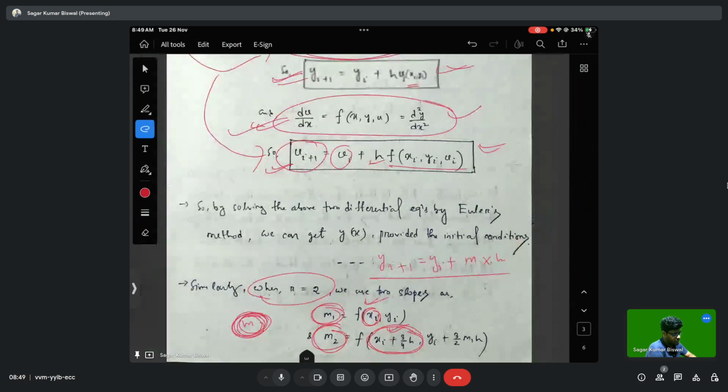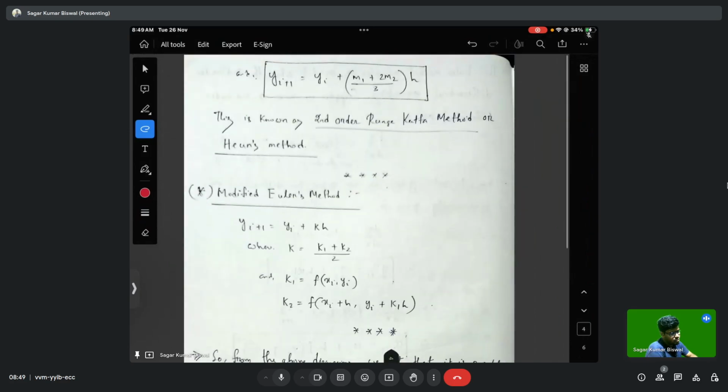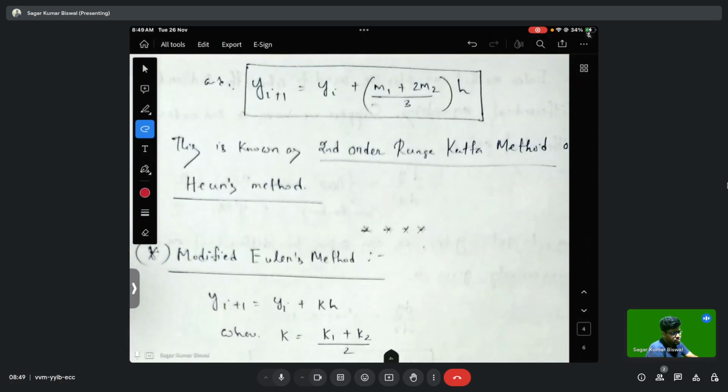Right? Remember that. So these are the two points where you are calculating the slope, and this will be the weighted average. The weight of this slope m1 will be 1 by 3, and the weight of this slope m2 will be 2 by 3.